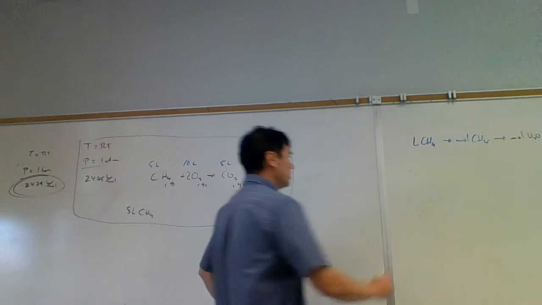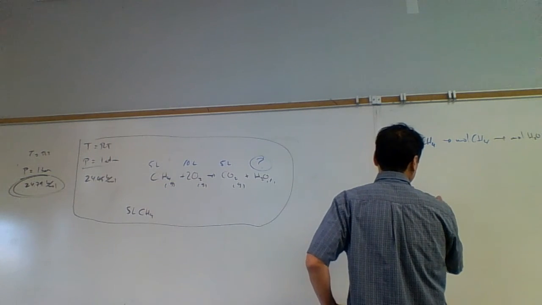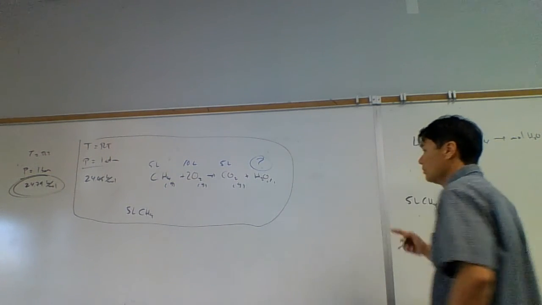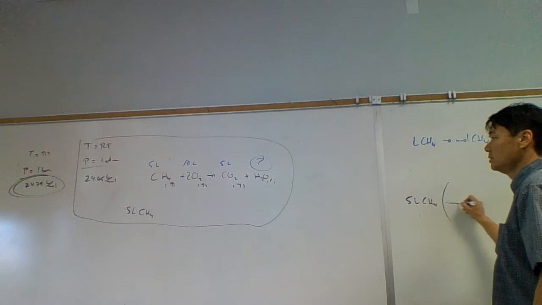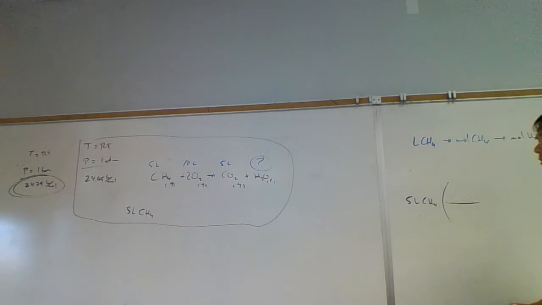So setting up this calculation, we go 5 liters of methane, and then we'll use one of those molar volumes. Okay, let's use the atmosphere's one. And so that's 24.45 liters per mole of any gas at RT and 1 atm. It's only valid at that temperature, at that pressure.